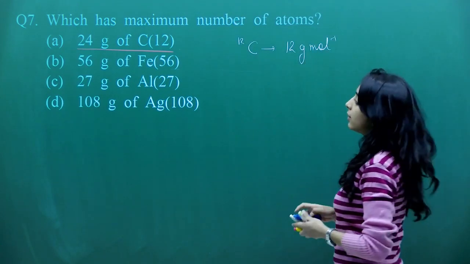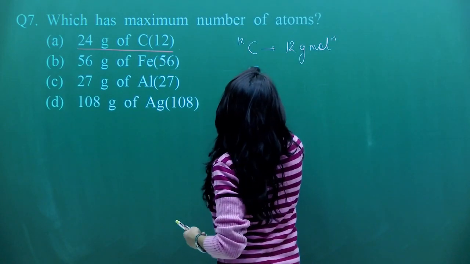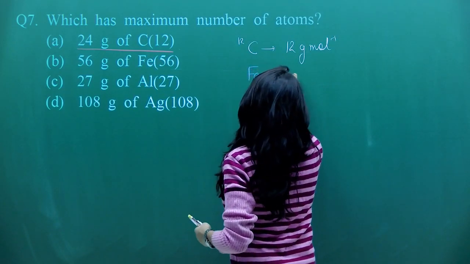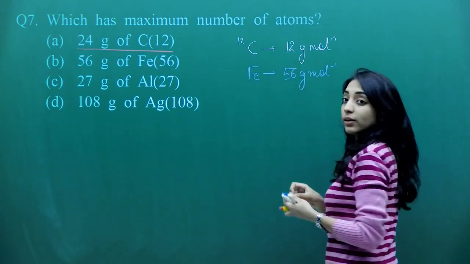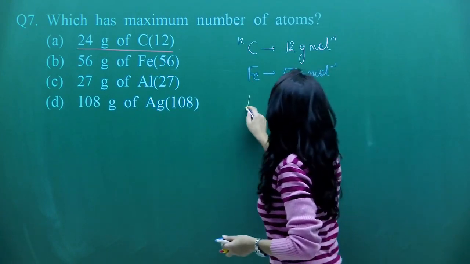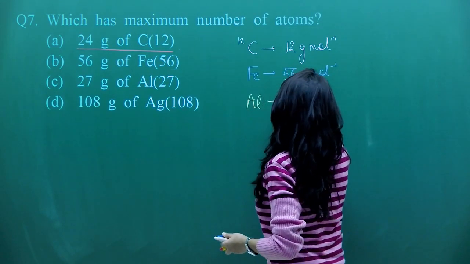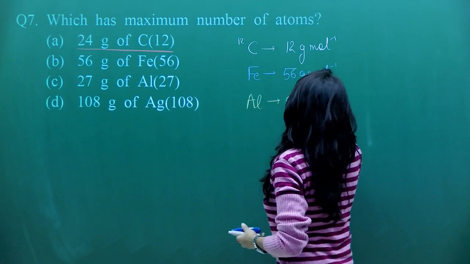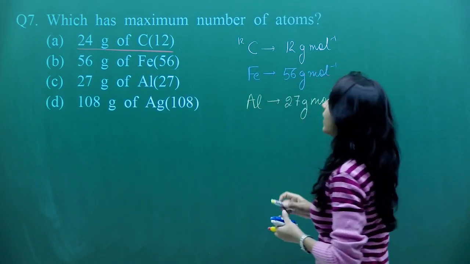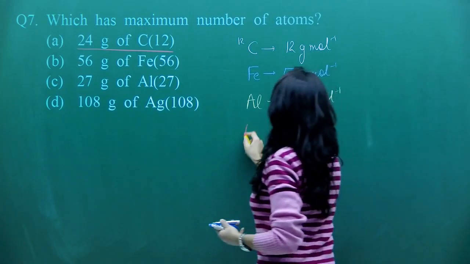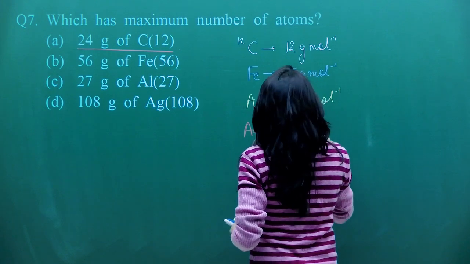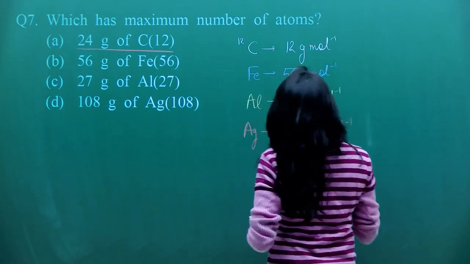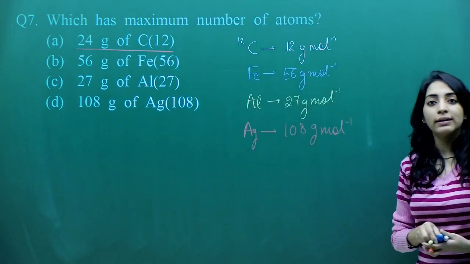Am I right? Okay. Iron can be written as 56 grams per mole, right? Then we have aluminium can be written as 27 grams per mole. And finally, we have silver that can be written as 108 grams per mole, right?